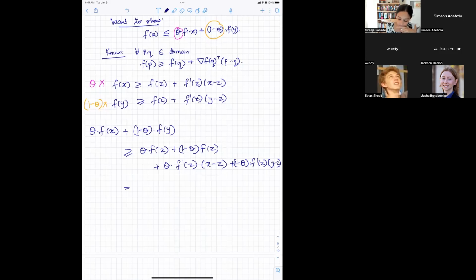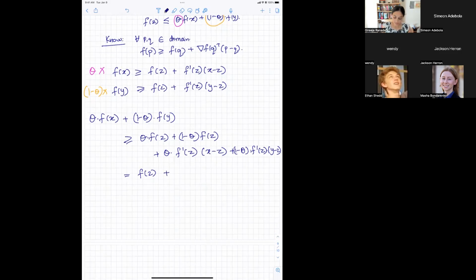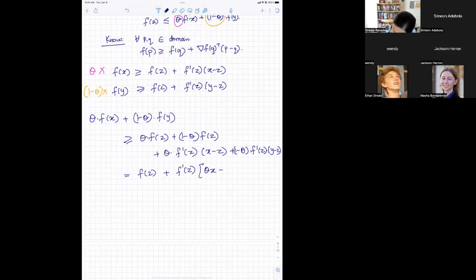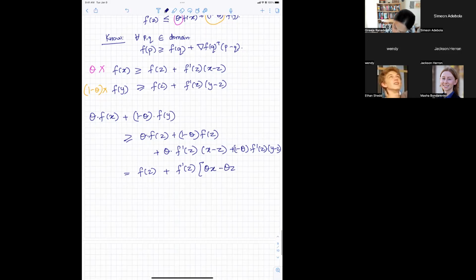Which is equal to, very conveniently, I get here an f of z. And what do I get here? I get f prime of z times theta x minus theta z plus 1 minus theta y minus 1 minus theta z.